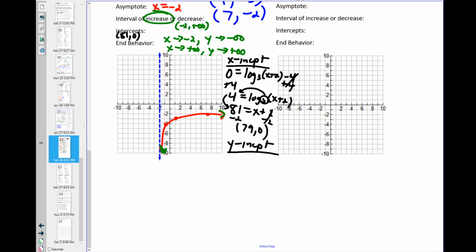Question or answer, Dennis? Okay. Put in a 0 for x. So y would equal log base 3 of 0 plus 2 minus 4. You can just put that in the calculator. Take log base 3 of 2 and then take away 4. From the sketch that we did, it's going to be negative 3 point something.